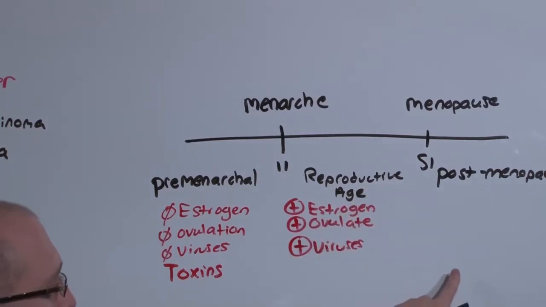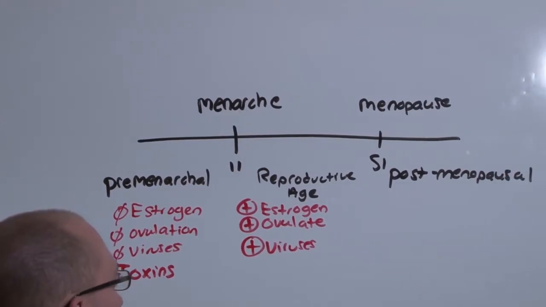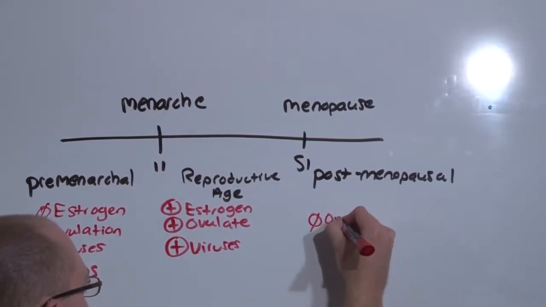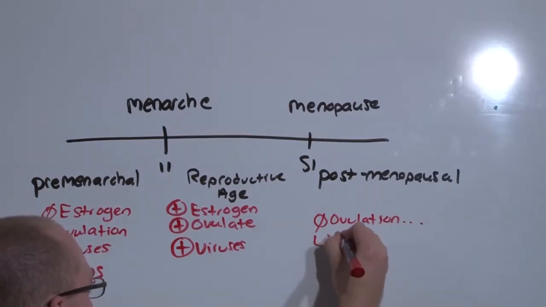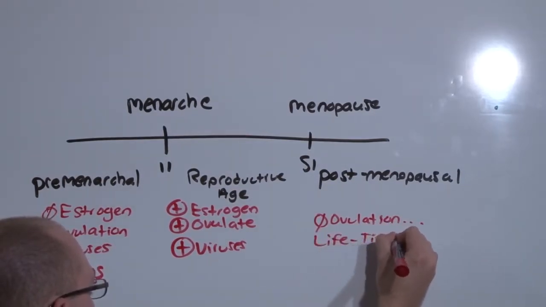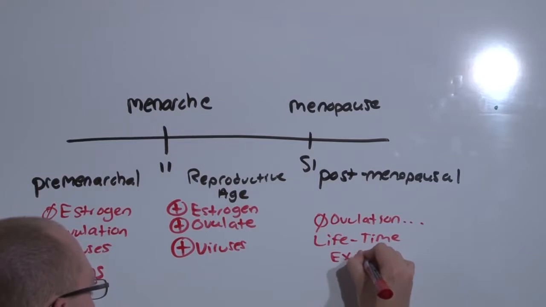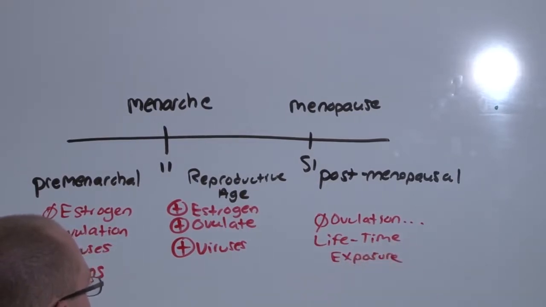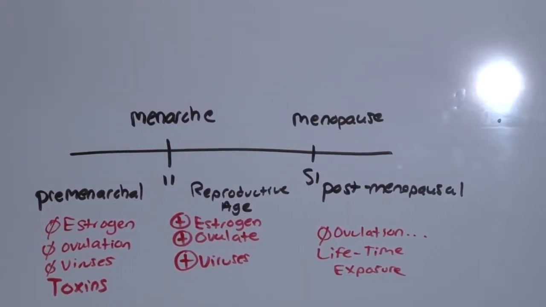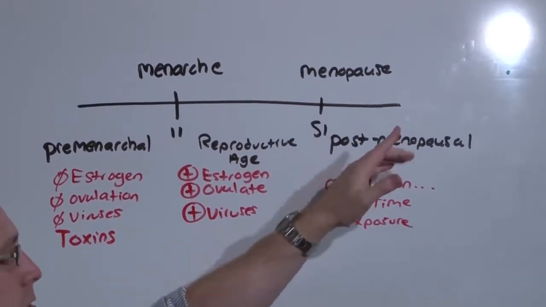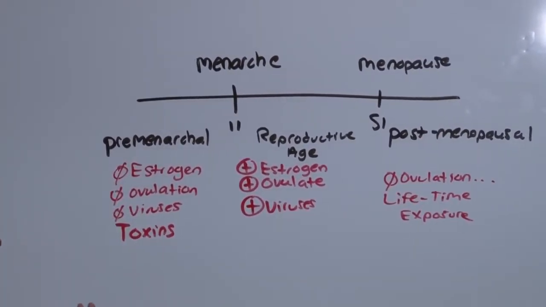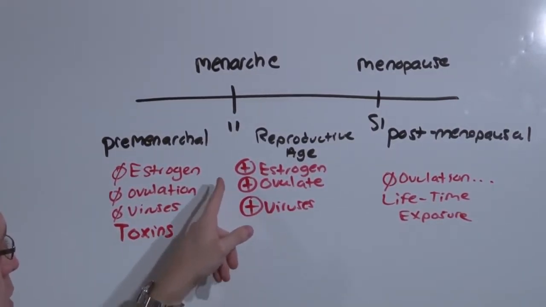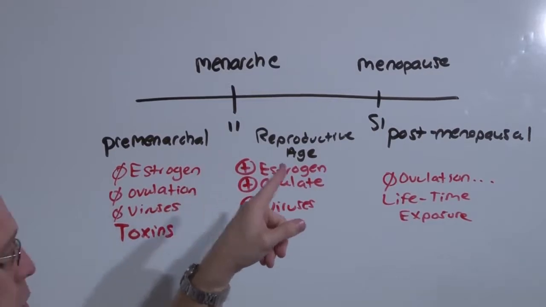In the postmenopausal period, no more ovulation occurs, but she's had a lifetime of exposure. And so not surprisingly, cancer incidence increases the older you get in general, because most GYN tumors require some long-term exposure to viruses, ovulation, or estrogen in order to induce them.